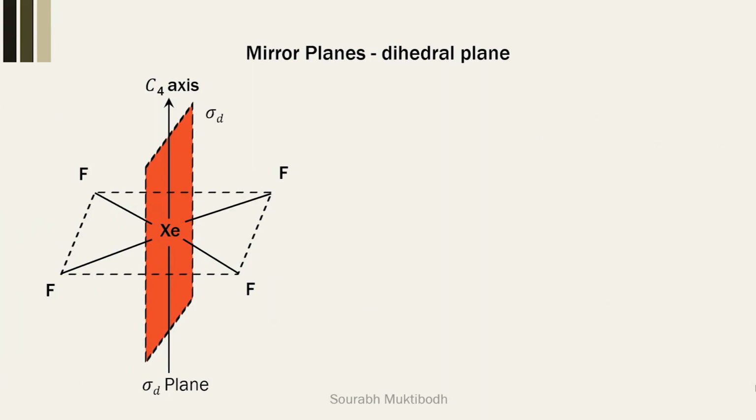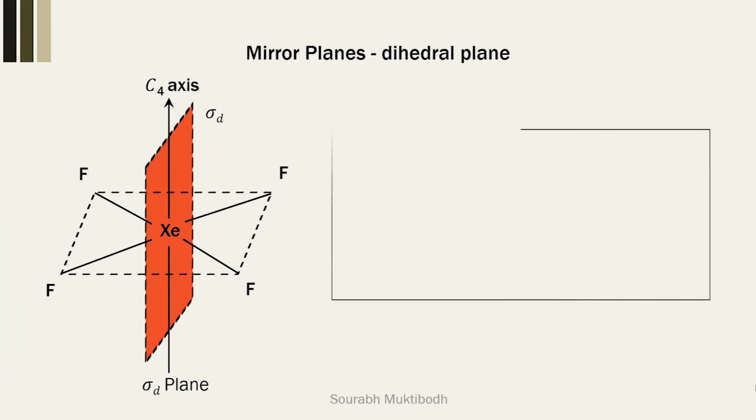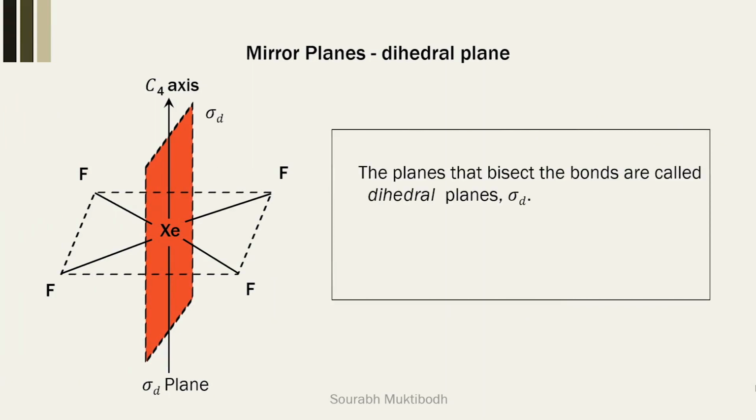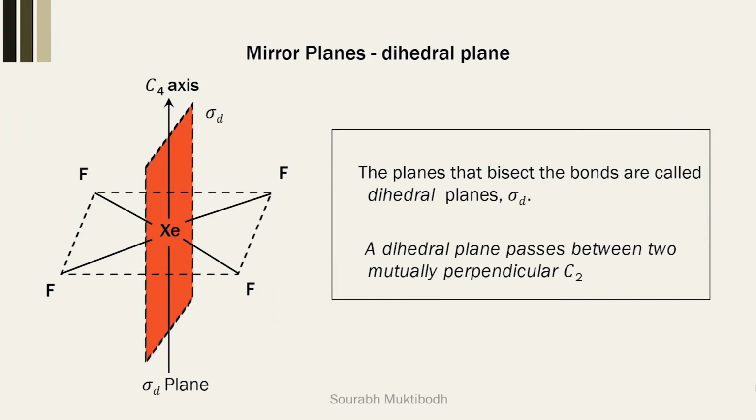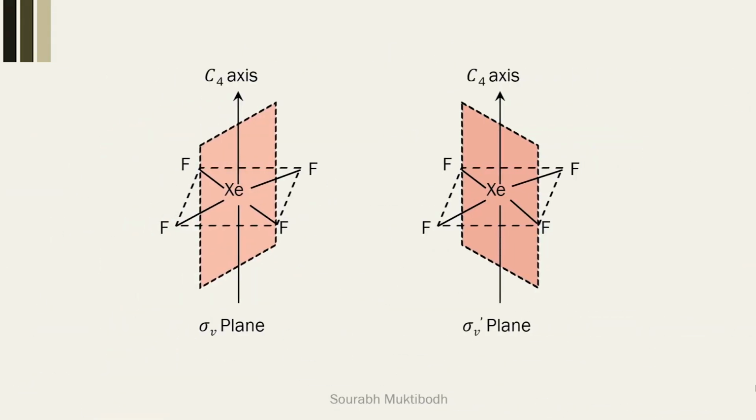This is the plane which bisects the bonds, and it is said that it passes between two mutually perpendicular C2 axes. Just take the example of the xenon tetrafluoride molecule here, and we can see that apart from having the xenon-fluorine planes, we have a plane that only takes xenon into account and reflects the rest of the fluorine atoms. So this plane is typically known as the dihedral plane of reflection. Just notice the other planes in this molecule.